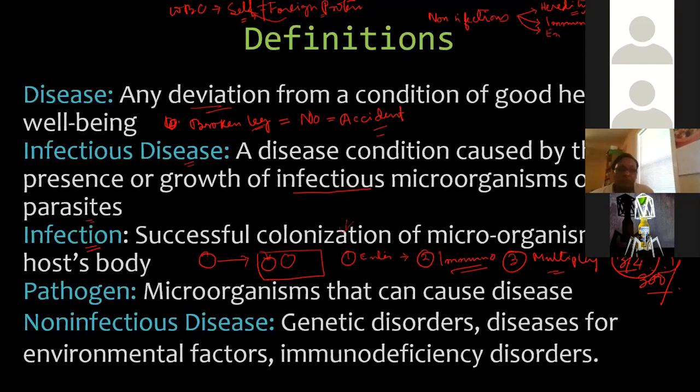Third, let's say environmental. From the environment you can get disease. This is the time for pollen. So you are sick. It looks like flu-like symptoms, but it's not flu. It's the pollen.